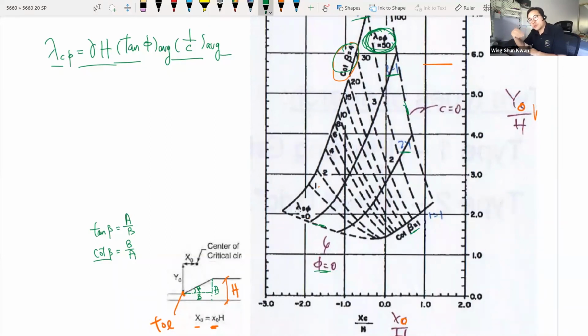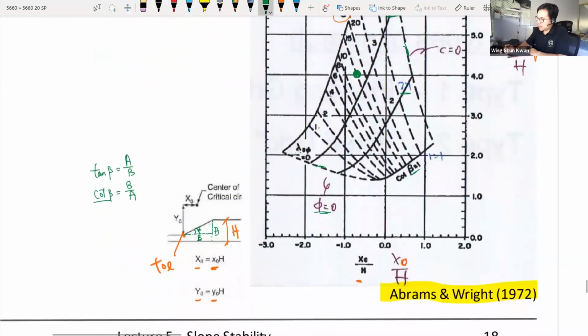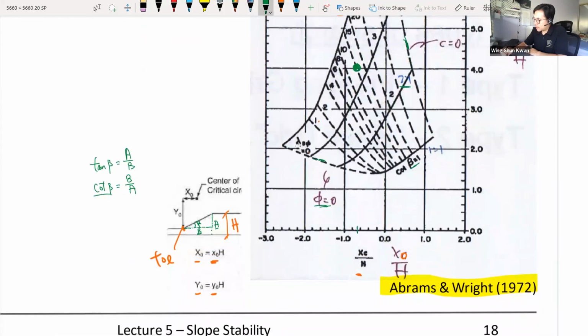So you know the sloping angle, and you also know this parameter right there, which will give you coordinates. From the coordinates, you can find the locations of X and Y, and then you can approximate the location of the slip circle center.